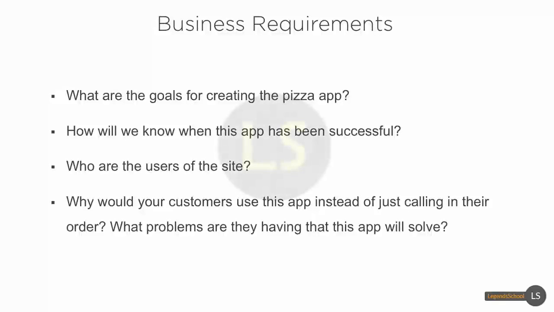So you want to ask, exactly why are you creating a pizza app instead of just sticking to the old telephone method that you always had? And so he might say something like, well, I want to create something that's really engaging and fun, that makes pizza ordering a really great experience. Oh, okay, so here's something we can design towards.